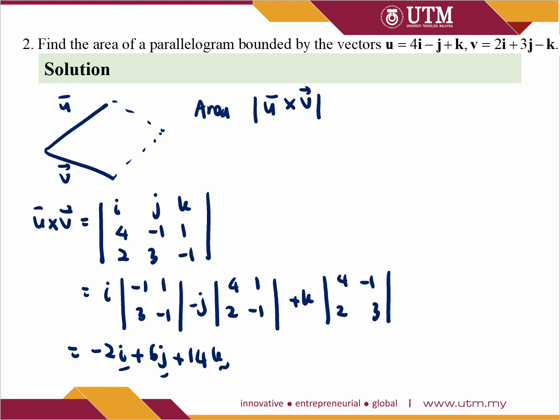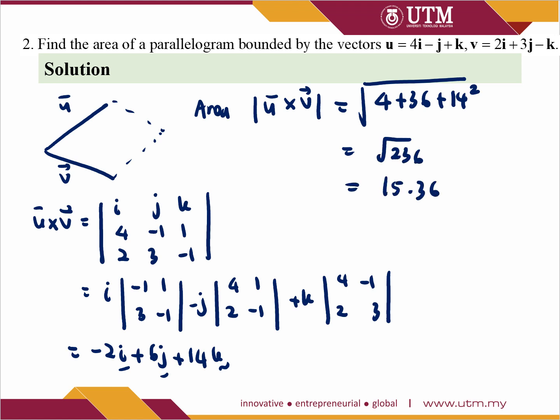Right? To find the area, we just have to find the magnitude of u cross v. So square root of 4 plus 36 plus 14 squared. So you get square root of 236, which is 15.36 unit square. Alright, so that's how we find the area of a parallelogram.